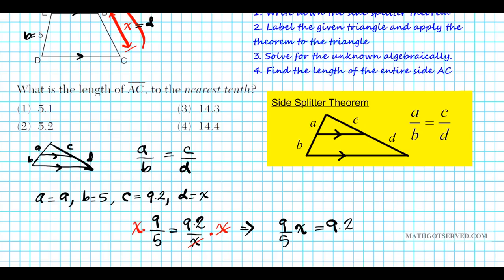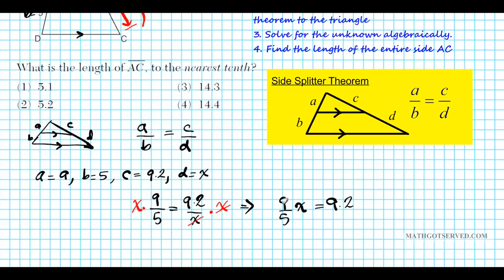Think back to Algebra 1. You want to eliminate this coefficient by multiplying by its reciprocal, and that is 5 over 9. So multiply both sides by 5 over 9. This divides out nicely, and then you have x equals 9.2 times 5 divided by 9.